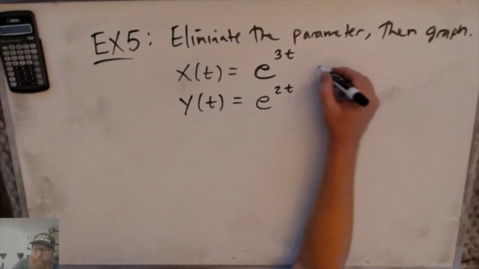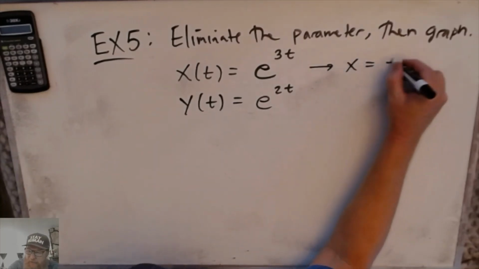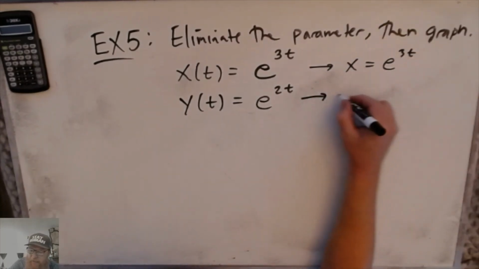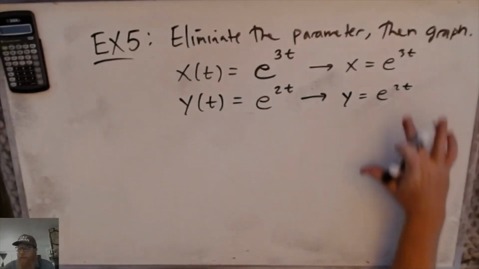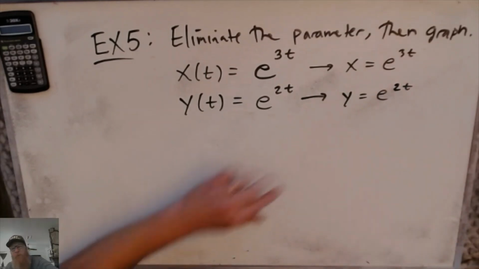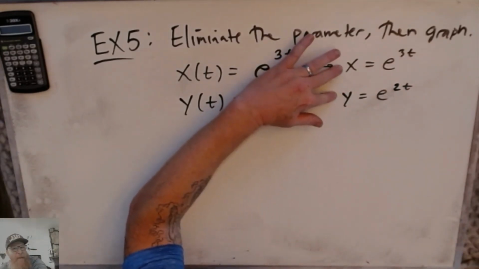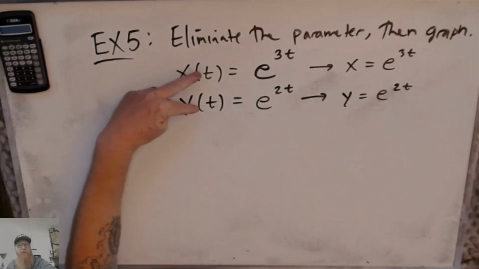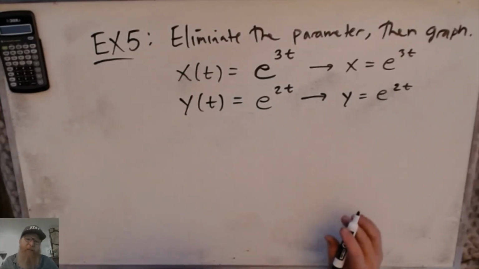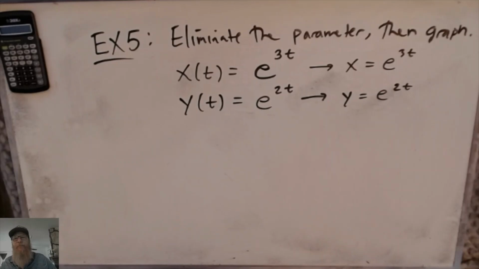So we're going to say x is e to the 3t, y is e to the 2t. Sometimes we just write the equation like this from the outset, and we don't put it in the function form. I just want you to understand the function form, because you're definitely going to see it next semester.